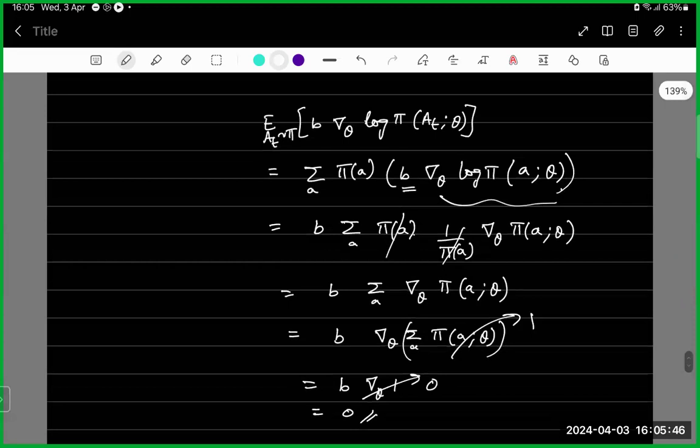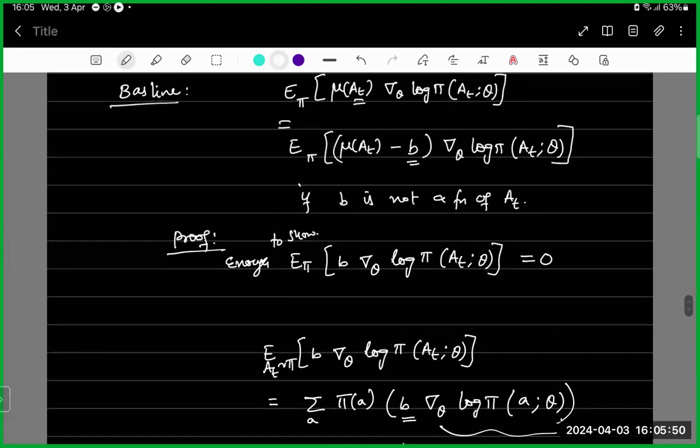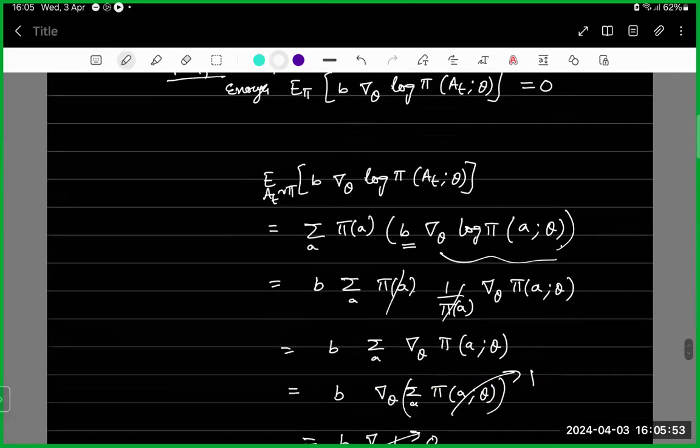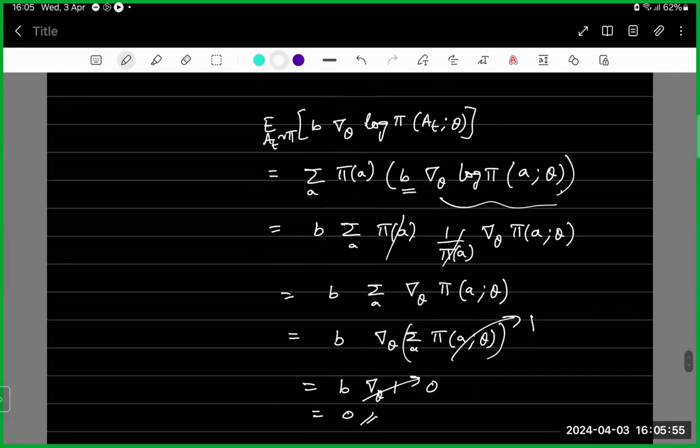So what we are learning is that in stochastic gradient descent, instead of using RT, you can substitute any value which is not a function of your current action. Then still your expected value of that will be equal to your gradient. Okay.